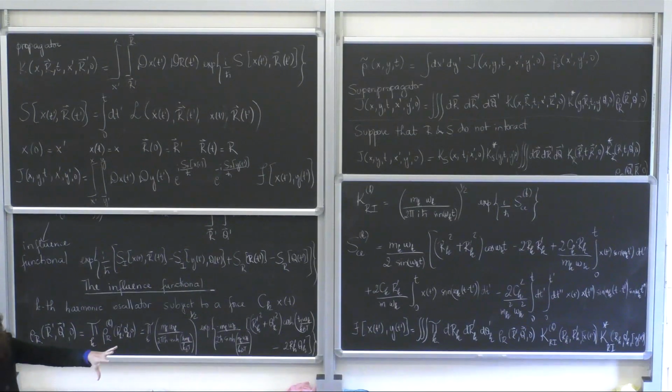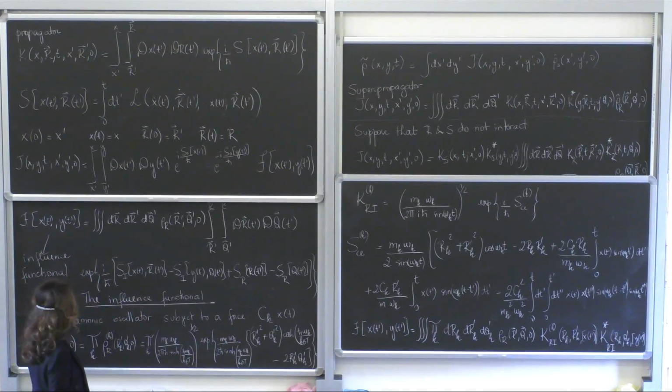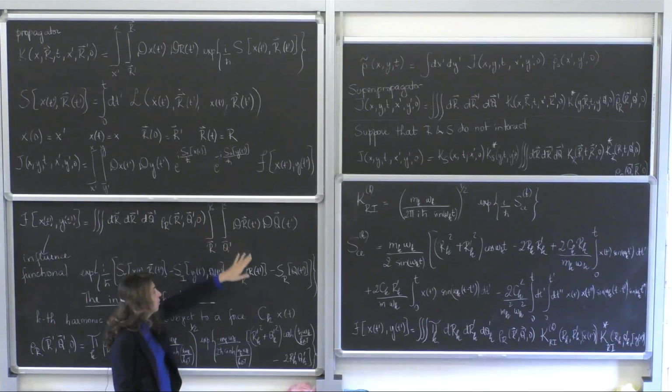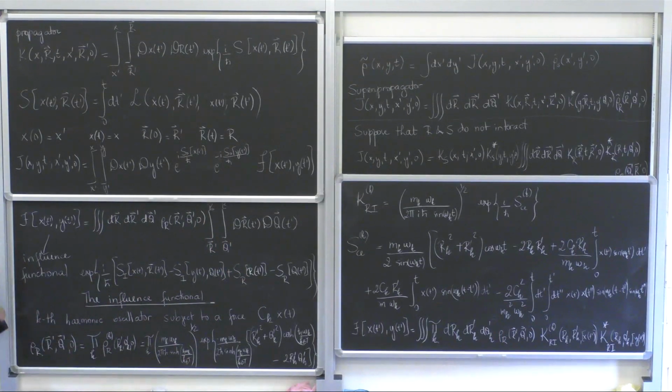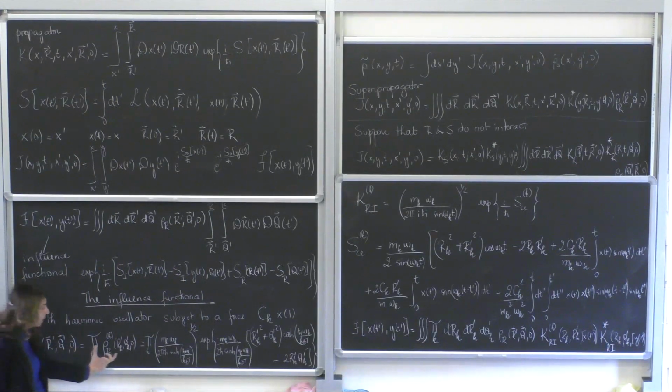So you separate as much as you can, you put away your system, and you keep the bath, and you keep defining new functions. The last one that we defined was this influence functional, which was here. And now we started rewriting this part, e to the i over h bar, this times this path integral over r and q. We start solving them, and we are now rewriting the initial density operator for the system in thermal equilibrium.